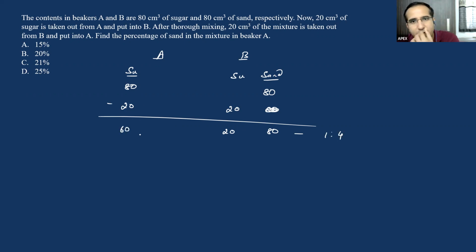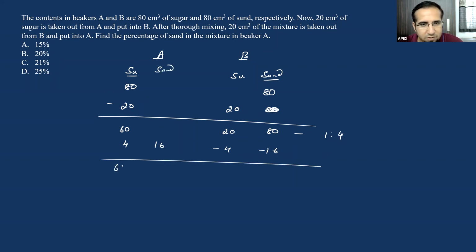Now, after thorough mixing, 20 cm cube of the mixture is taken out from B and replaced to A. Now, 1:4 in the ratio and 20 in total. That means I'm looking at 4 from here and 16 from here are gone. Clear? So this is sand. So if you observe, this is going to be 64 of sugar, 16 of sand, and this is 16 of sugar and 64 of sand.